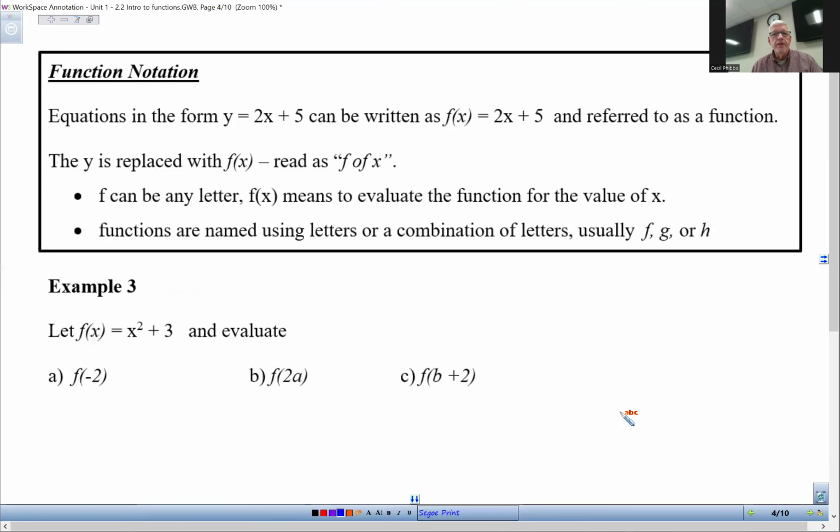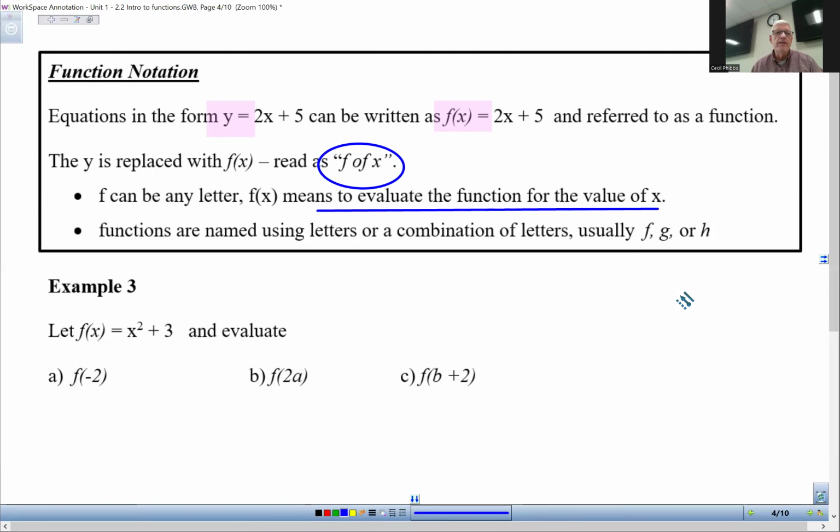All right, so we're going to be looking into function notation and actually evaluating some functions. The difference here is we've taken the y equals from our equation and replaced it with this notation here. The way we would read that is f of x equals. So f of x, or the function of x, means we're going to evaluate our function for whatever values of x we have.